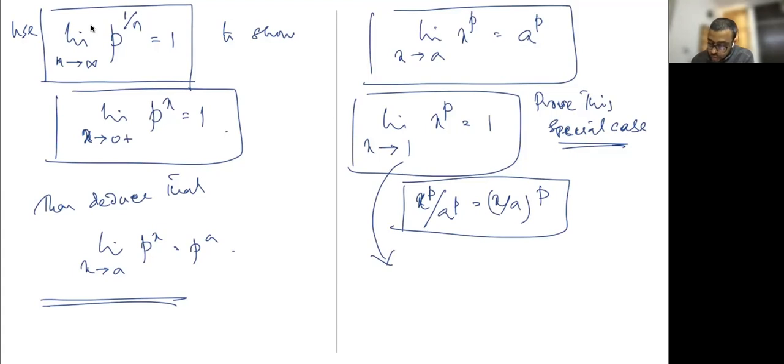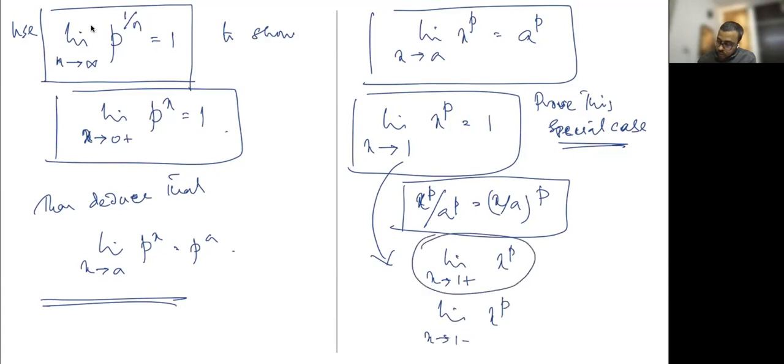And how do you do this? Here you can look at the two limits separately. Now for this limit, what you are interested in are values on the right of 1, right? So that means you are essentially trying to prove this.